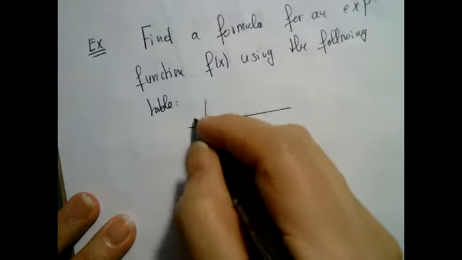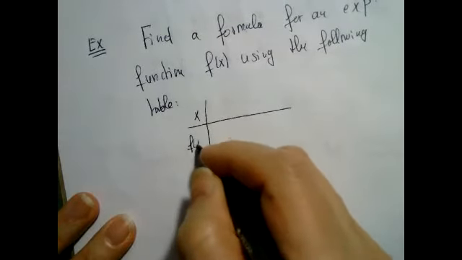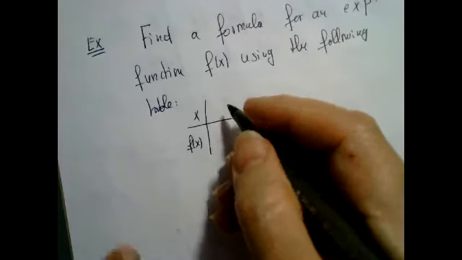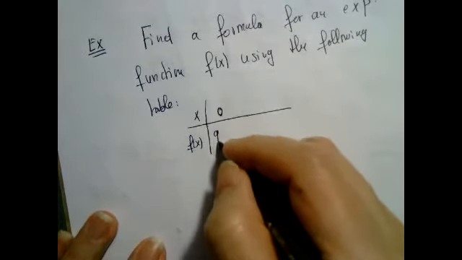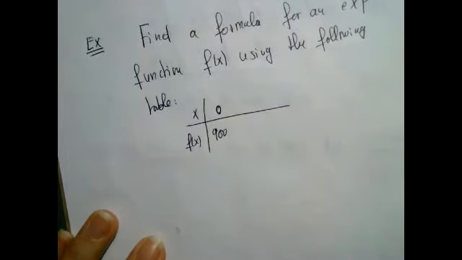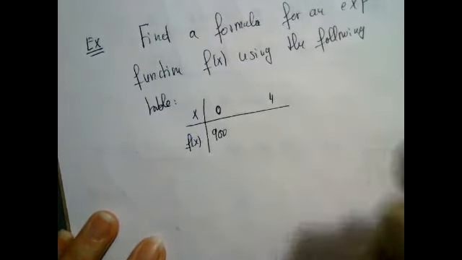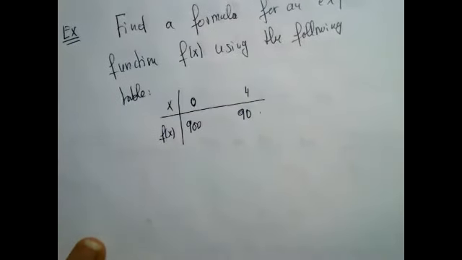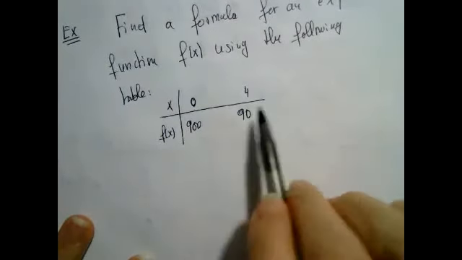Okay, so let me see what I want. At 0, 900, and at 4, let us say 90. That's my function. So before you get started, let me analyze it.